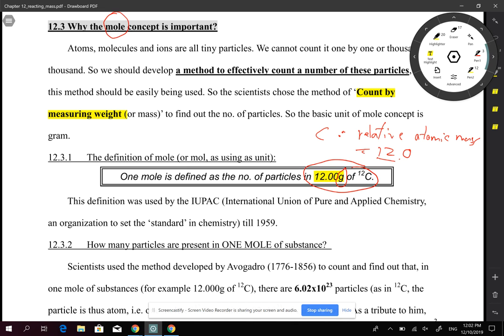And it is called the molar mass. Mole is a noun. Molar changes mole into an adjective. So molar mass means mass of 1 mole.